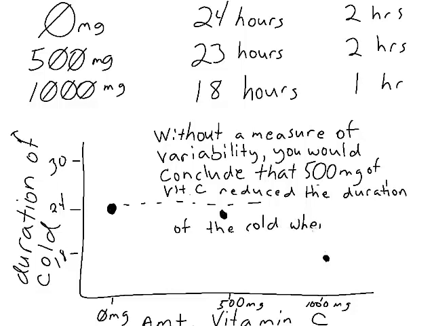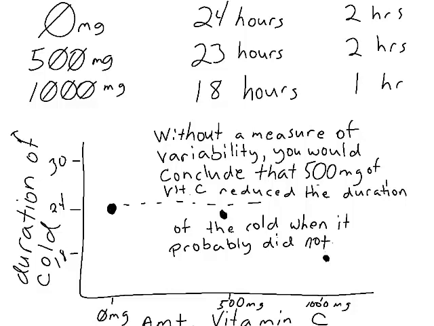If we have an example where the duration of colds is 15 hours for people who took vitamin C and 24 hours for people who did not take vitamin C, even if we have fairly wide error bars, you can see that this data is probably different from each other and that there is some sort of effect.